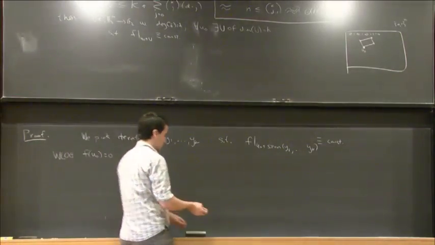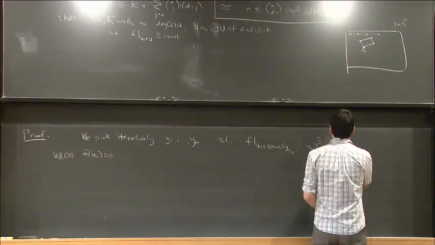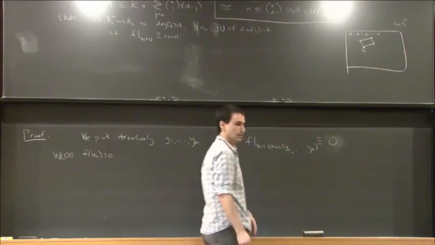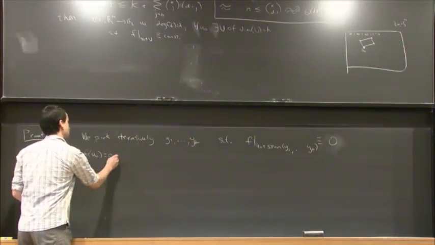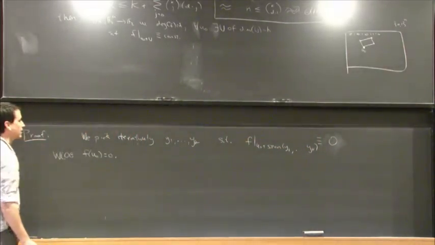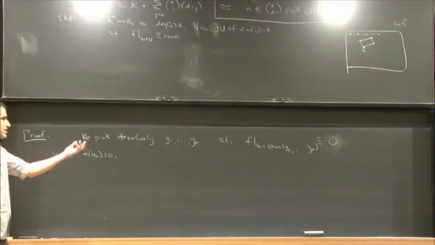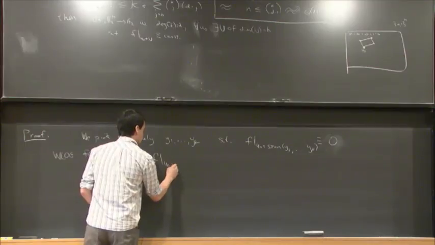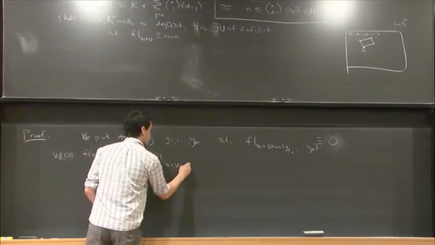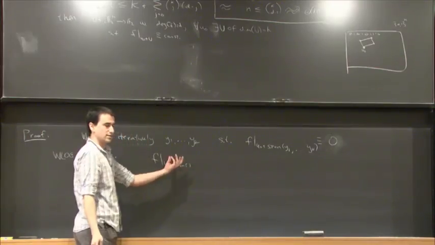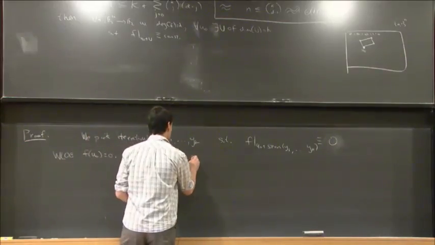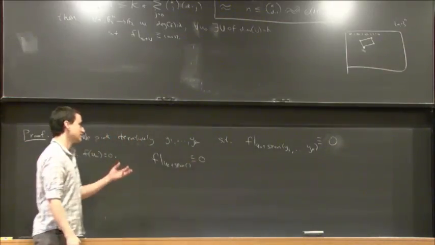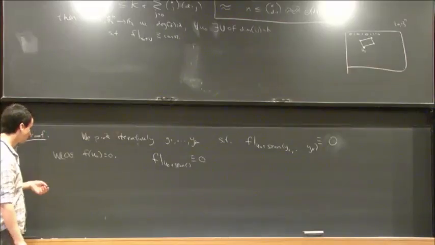And then we want to show that f on the subspace is 0. Okay. So we start with k equals 0. So it's just the span of nothing, just the 0 vector.